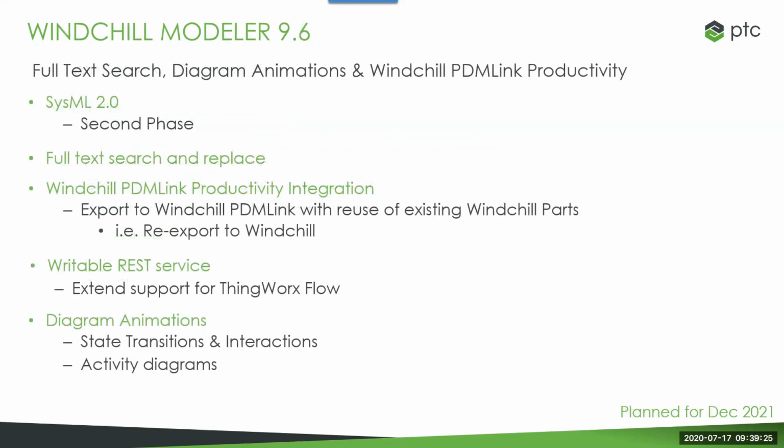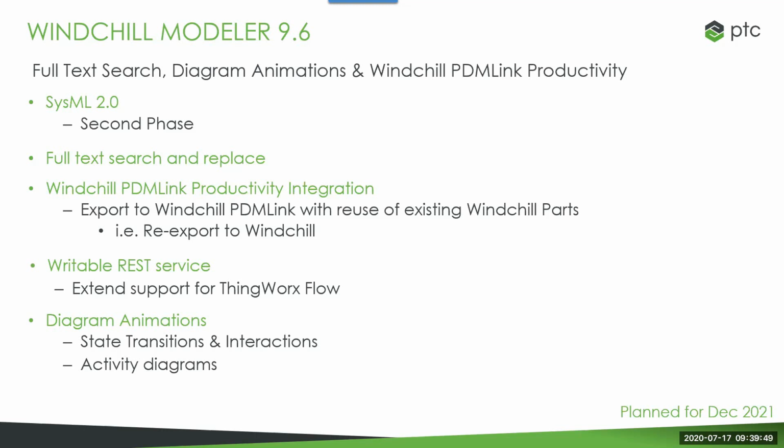Okay, pushing a bit further out, so the plans are not quite as firmly established here, but we're planning more SysML 2, second phase. Text search and replace. We definitely need to make some improvements in this area. More capabilities for our Windchill PDM link export capability. A writable REST service.